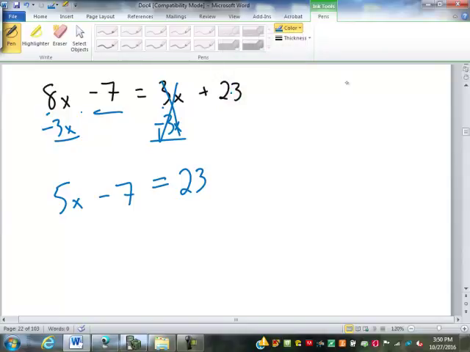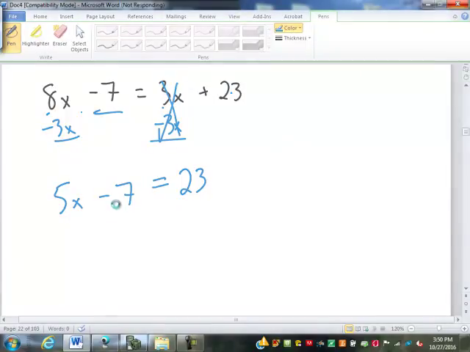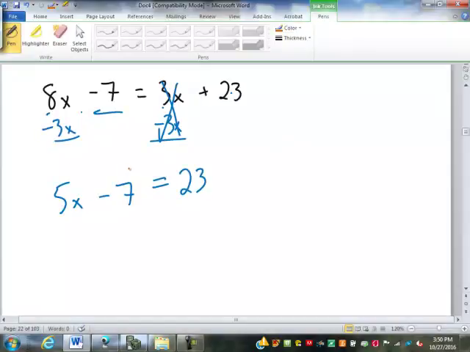Now we've combined all the other extra things. Now we can focus on just solving for x. In other words, taking the equation apart and seeing what x is when it's all by itself. So what do we have to get rid of first here? The 7, and we're going to get rid of it by adding 7. So that minus 7 is gone. This is 5x.